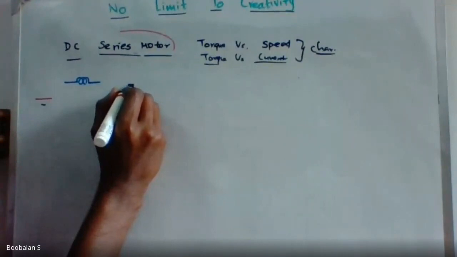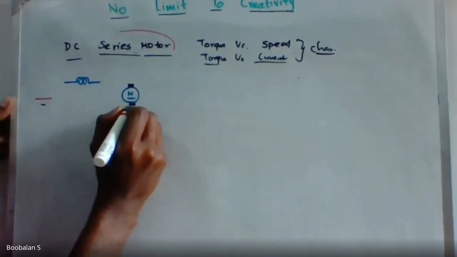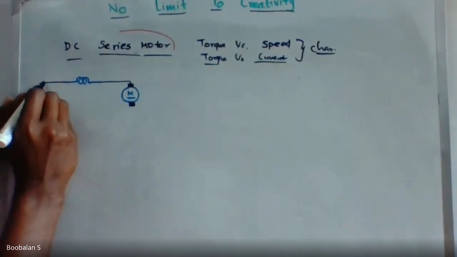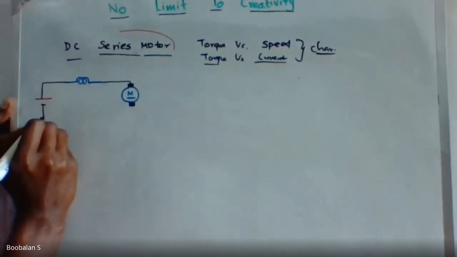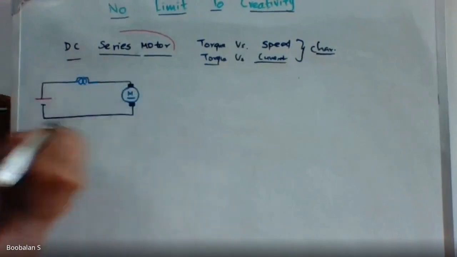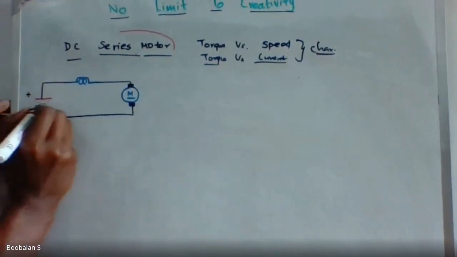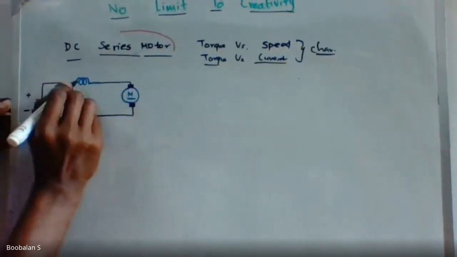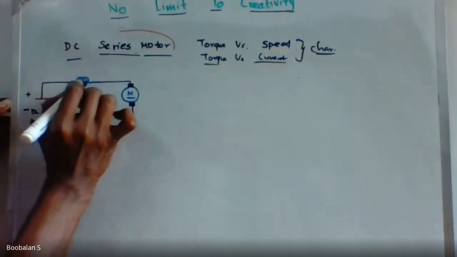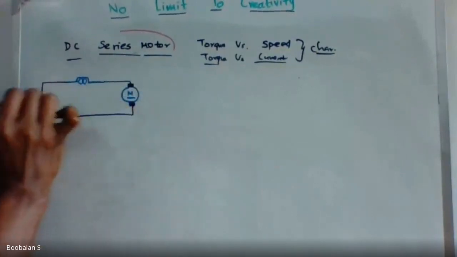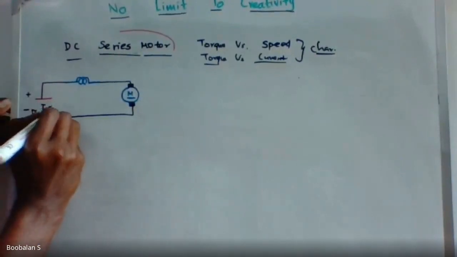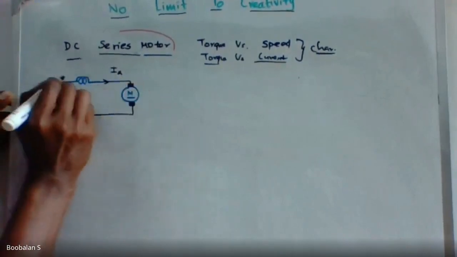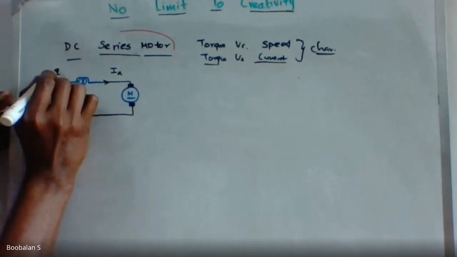This is called the brush. My rotating part, the armature, and the stationary part, that's called my stator, are both connected in series, and both are connected again in series with my DC power supply E suffix A, right? So the current flowing through this circuit is now IA, and the same current is also flowing here, right?